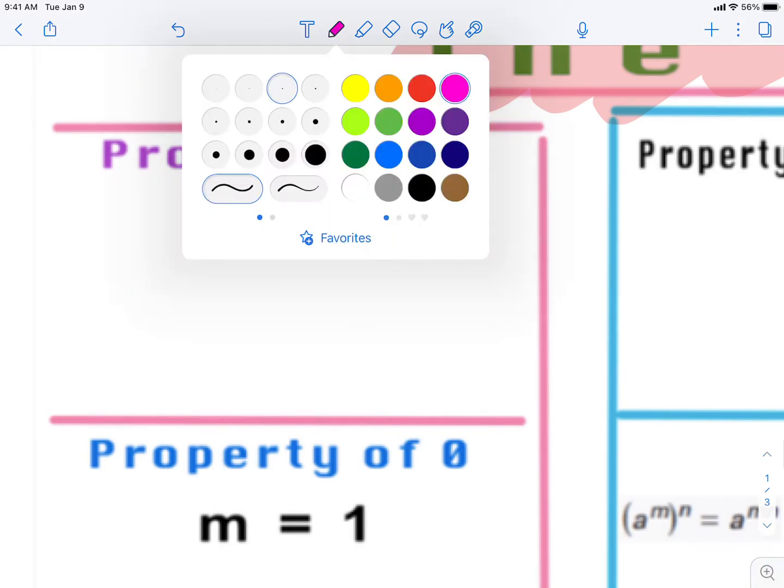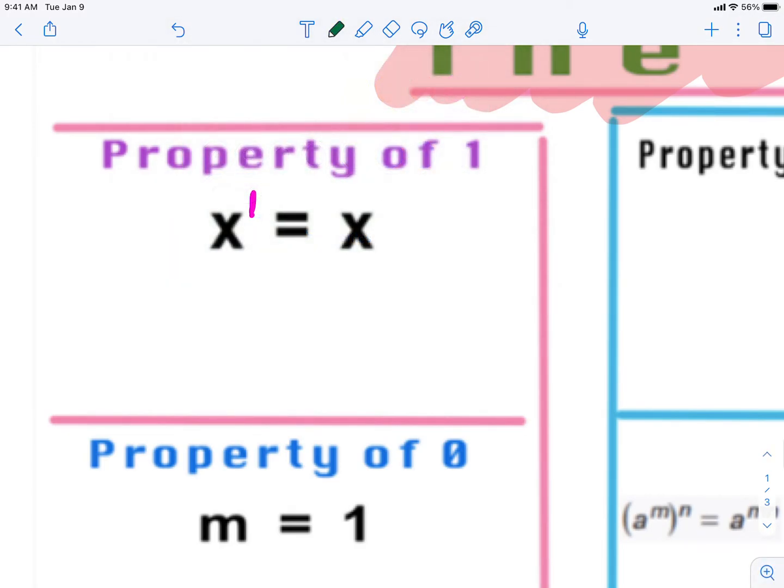So, for example, if we were to have y to the power of 1, that gives you just y. Or if we had 23 to the power of 1, that just gives you 23, right?